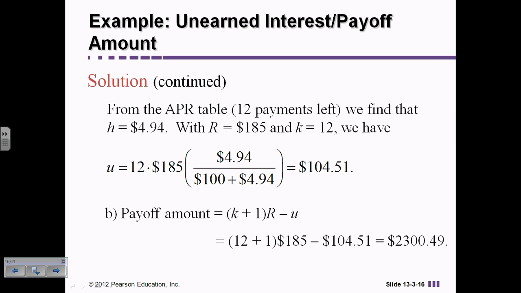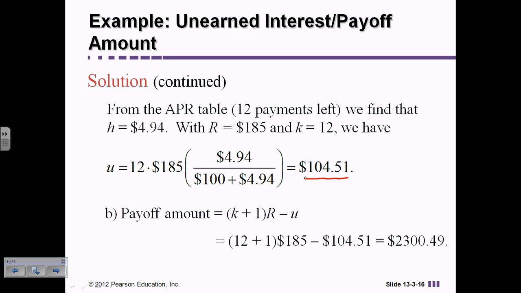That tells us that the bank is not going to earn that interest. They aren't going to get that money. $104.51 is the amount of finance charge or interest that the bank will not get. So it's unearned interest for the bank, if you think of it as a loan.